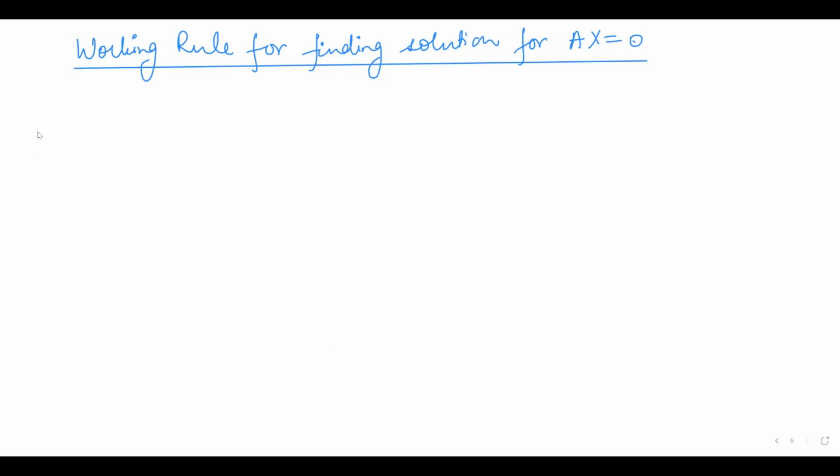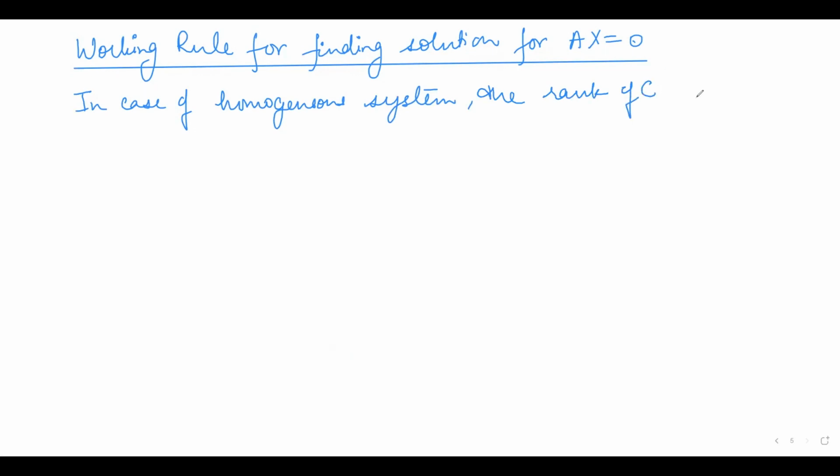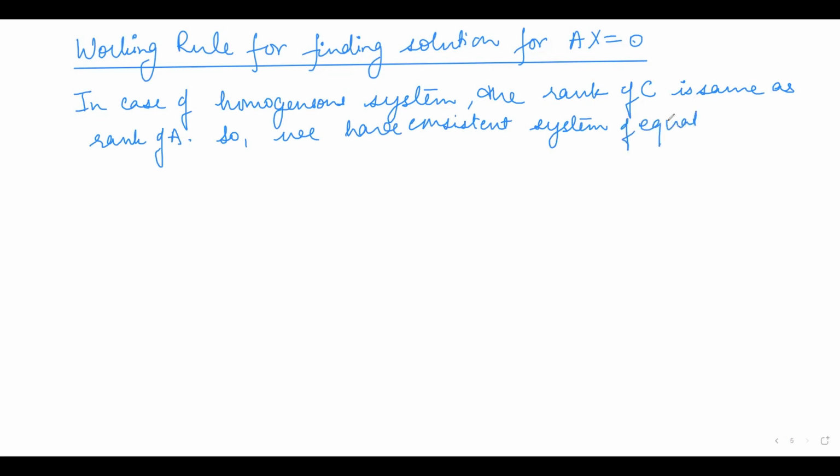So in the case of homogeneous, the rank of C is the same as the rank of A. So this is always there. So we have a consistent system of equations always.